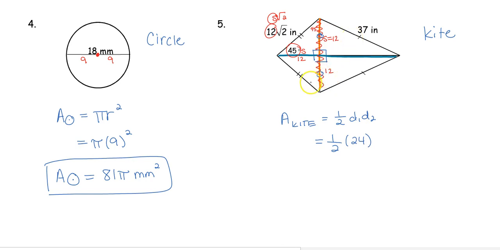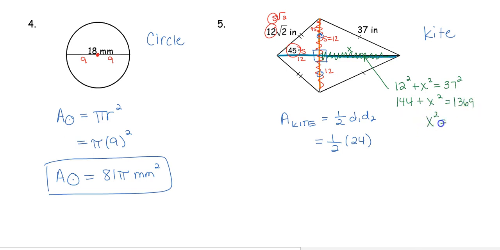On our long diagonal, we do have that this portion is 12. We need to find this part right here. Now that I have this right angle and two of my three sides, to find that missing length, we can do the Pythagorean Theorem. Leg squared plus that unknown leg squared is equal to the hypotenuse squared. So we've got 144 plus x squared equals 1369.